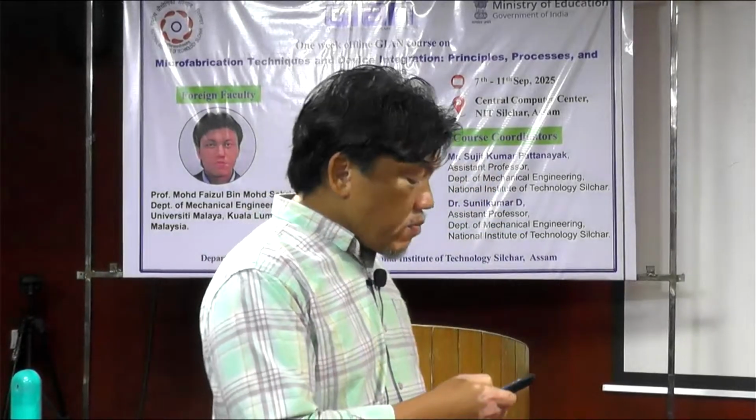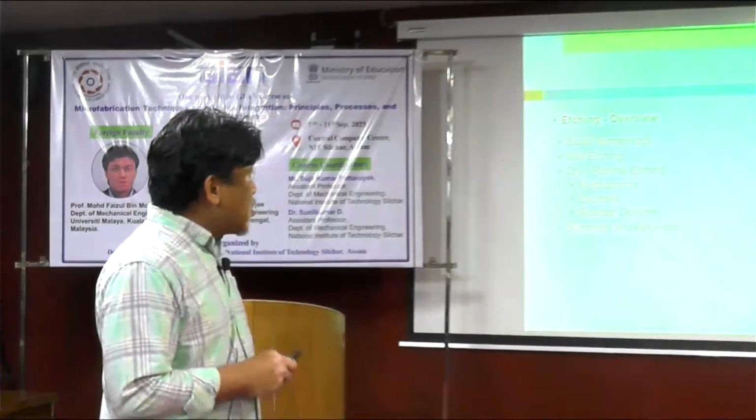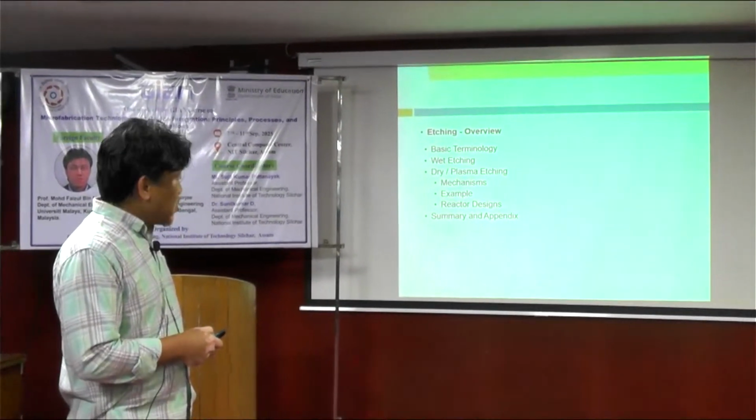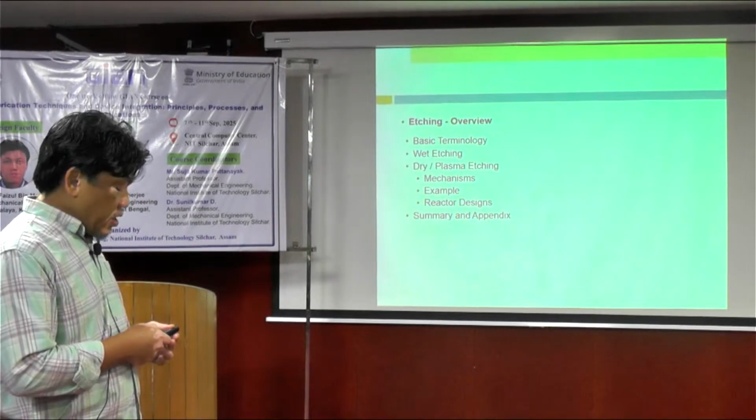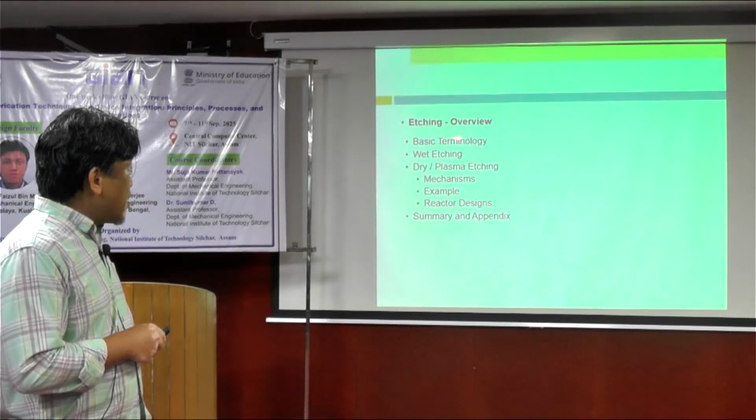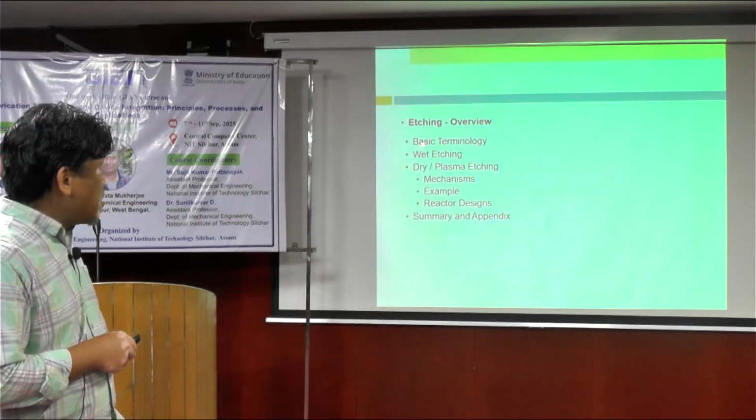For example, that is the most common process in terms of removing materials from a silicon substrate or any other substrate of the device. So what we're going to look at today is the etching overview and some basic terminology.